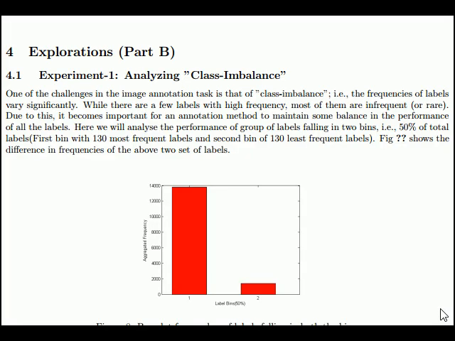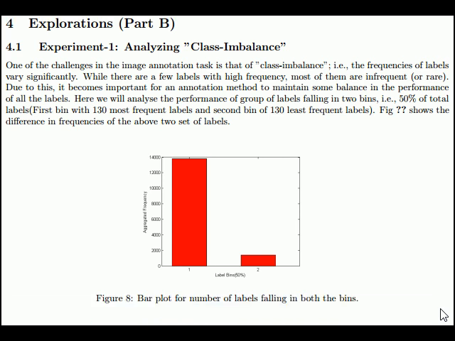For experiment 4, we are analyzing the issue of class imbalance. As discussed earlier, due to the significant variation of frequencies of labels in the training images, there is a huge difference between the performances of the most frequent and the least frequent labels. Thus, it becomes important for an image annotation algorithm to maintain some balance in performances of these labels. Here, for analyzing the performances of frequent versus infrequent labels, we have created two bins of 50% labels.